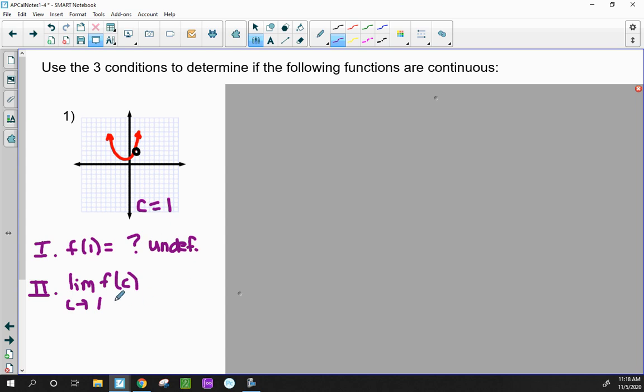But when we're looking at it using a limit, it's saying what are the y values approaching as c is approaching 1. Your y's are decreasing, and then they're increasing, but they're reaching, it looks like 3 on my picture. Okay, so even though the graph has a hole, there still can be a limit. We learned that in the last section.